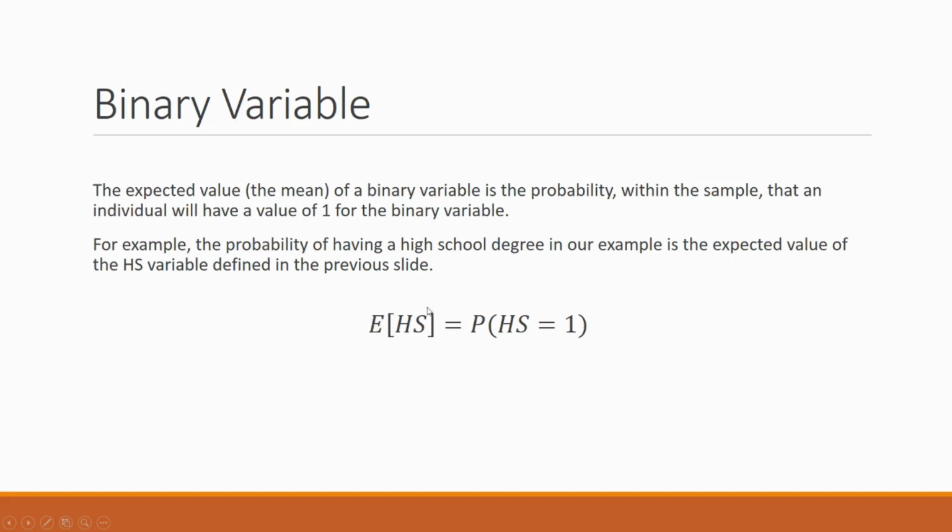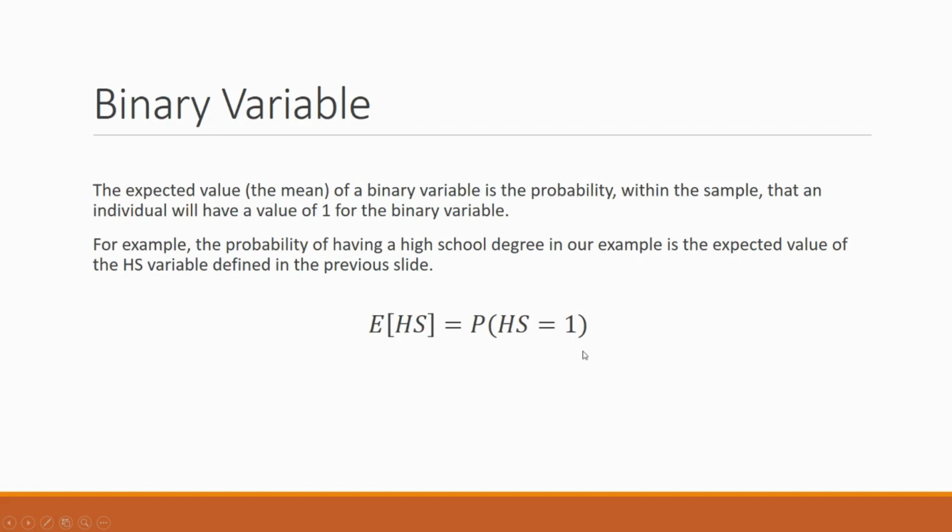So the expected value of the high school degree variable equals the probability that the high school degree equals 1. Another way of putting that would be that the expected value of the high school degree gives us the probability that any individual in our sample has a high school degree, which means that the high school variable equals 1. So the expected value, the average, the mean of the high school degree variable equals the probability of the high school degree variable equaling 1.